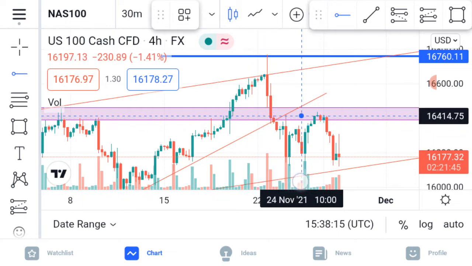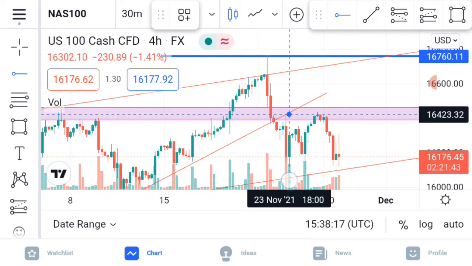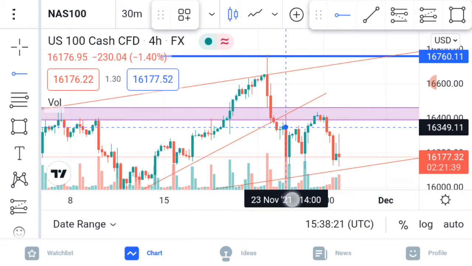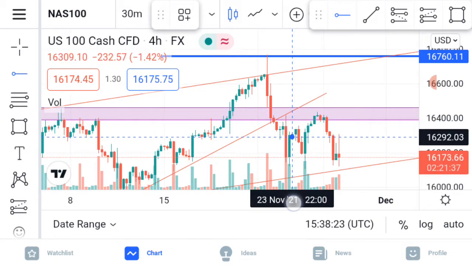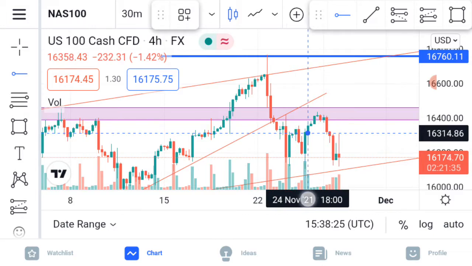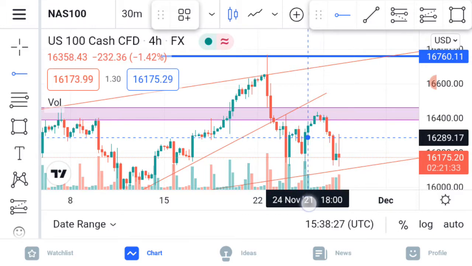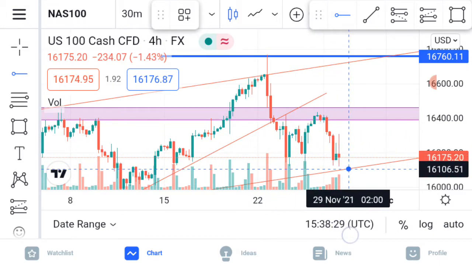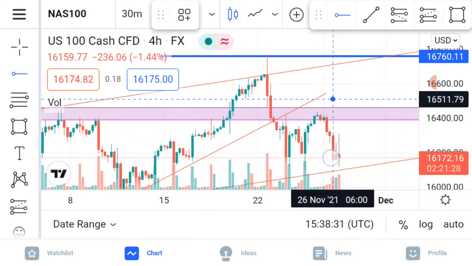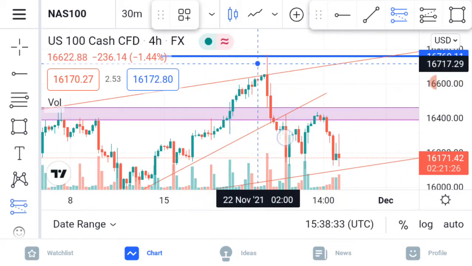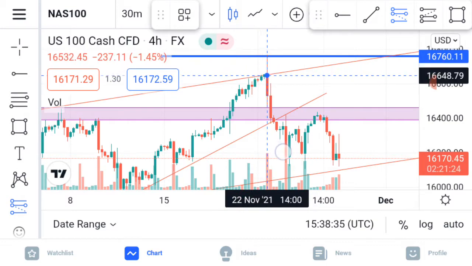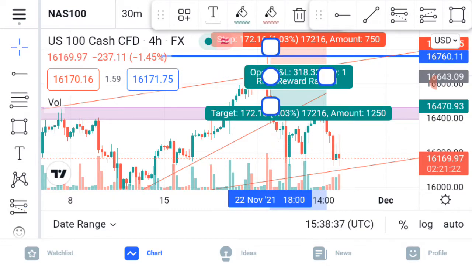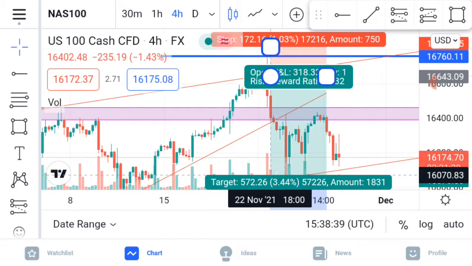And as I said, NAS100 likes to repeat patterns to go to the downside. So what we're expecting is more sellers in the coming trades. I'm expecting NAS100 to literally drop all the way to the downside. What I can see over here is that NAS100 is constructing a bearish move.